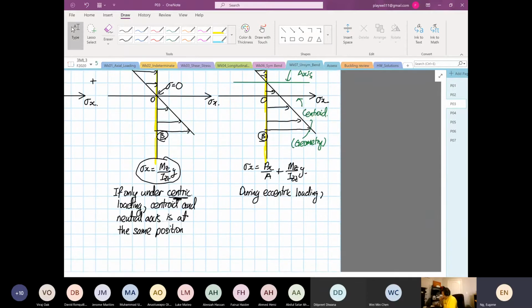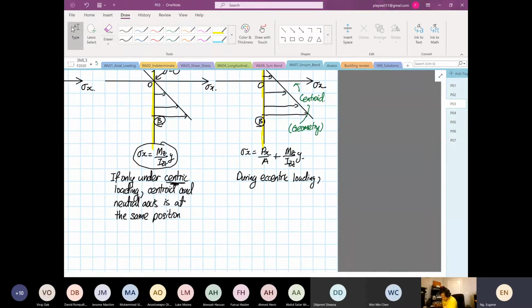So during eccentric loading, the centroid and neutral axis positions are different.